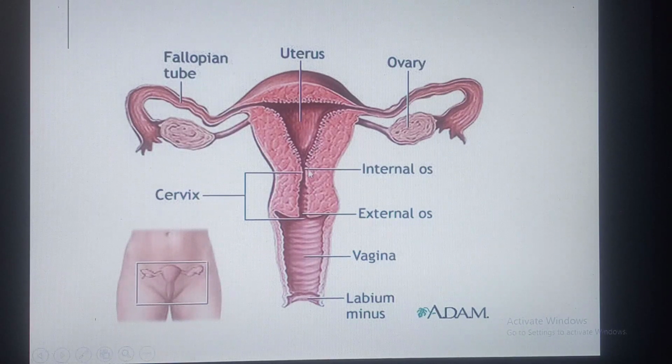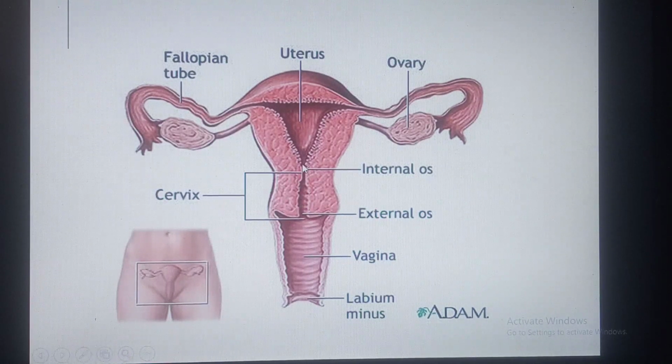Between the anatomical internal os and the histological internal os, this narrowest region is known as the isthmic part, the isthmus. The word isthmus just has to do with the narrow region over here. So that is what we are going to find with the cervix.